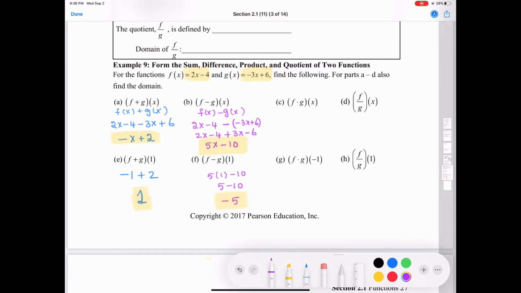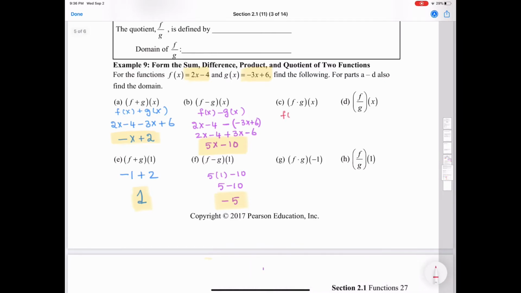The next two functions, multiplying and dividing. So for f times g of x, it's asking me to go f of x times g of x. So I have my function 2x minus 4 multiplied by negative 3x plus 6. Again, FOIL it out.